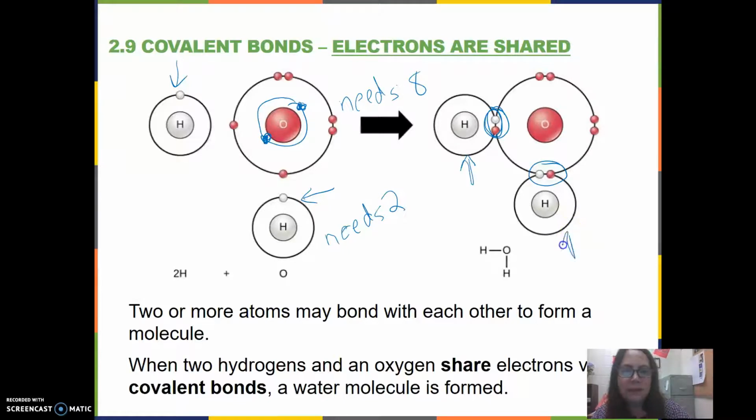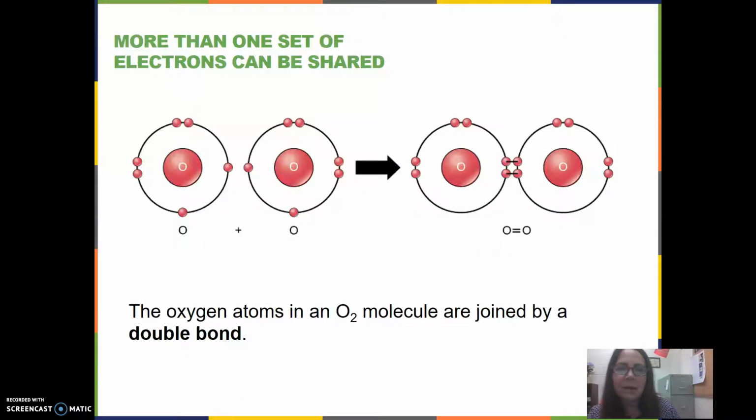The second hydrogen atom also has 2 now that it's sharing with oxygen. And then oxygen has 8 because it's got 2, 4, and then 6, 8, now that it's sharing 1 with each of the hydrogen atoms. So all atoms in this water molecule are satisfying the octet rule by sharing electrons and forming covalent bonds.